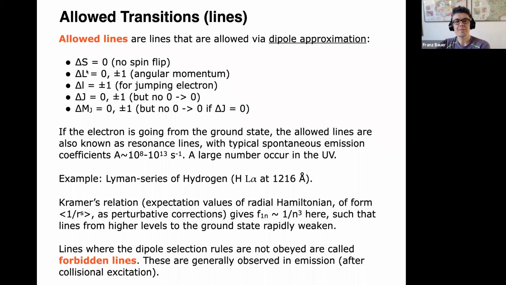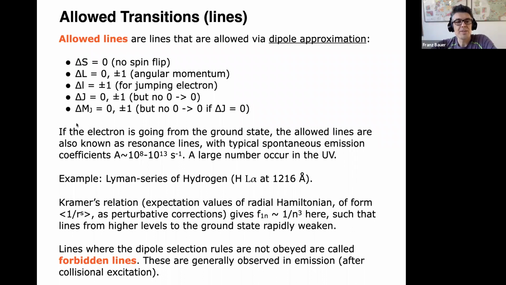This is the total angular momentum, and then the individual angular momentum should be plus or minus 1. The total angular momentum J should also be 0 or plus or minus 1 to mirror this, since it is more or less the sum of these. However, here you can't go from 0 to 0, and so that's not allowed.